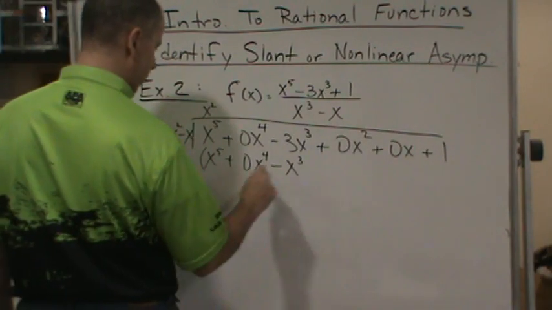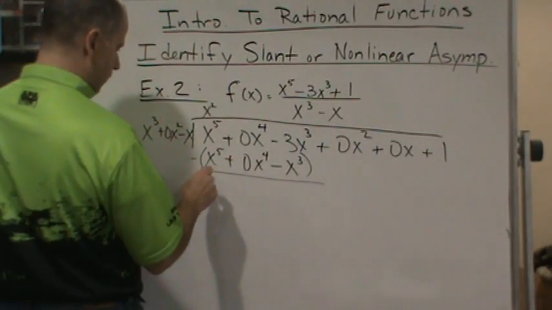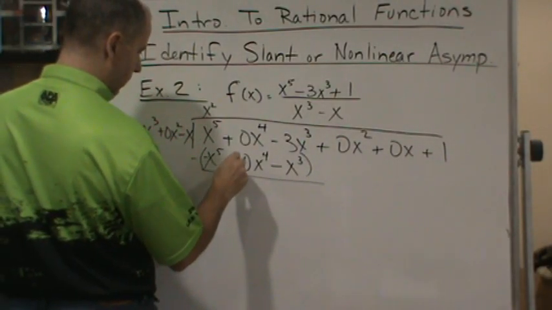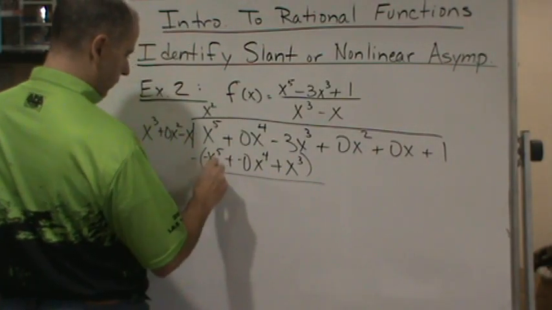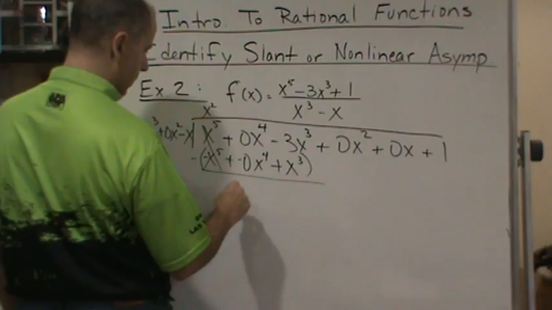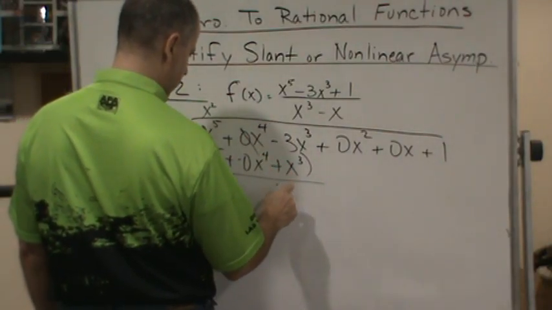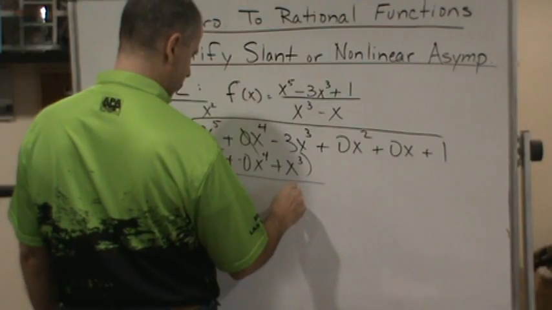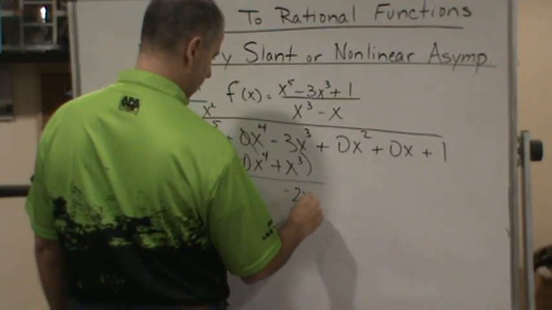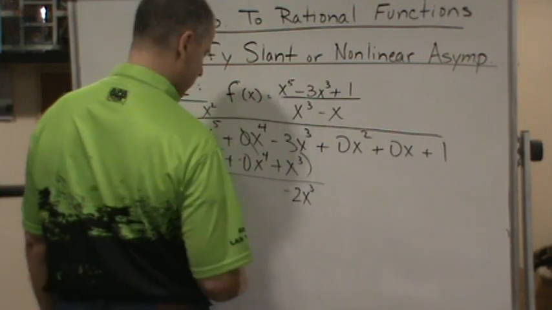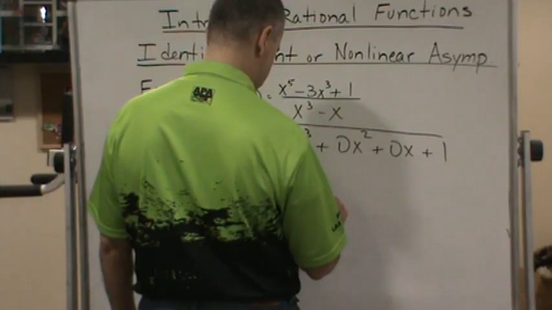All right, so now we're going to subtract. And if we subtract, that's going to give us a negative here. Doesn't matter. This is going to be positive. So this is going to cross out. This is just going to give 0. And this is going to give us a minus 2x cubed.